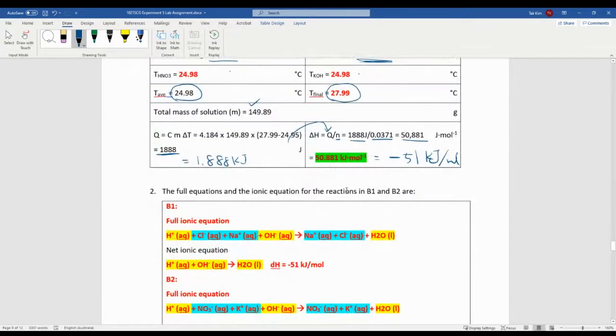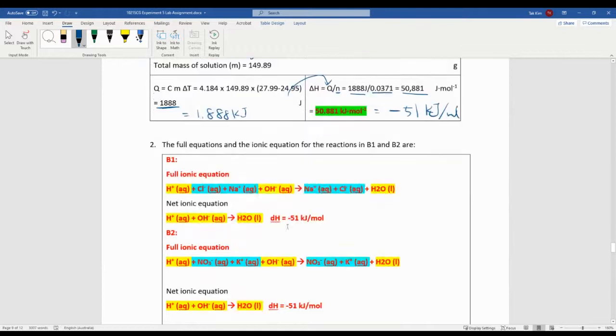Right, so number 2 is asking for full equations and ionic equations for reactions P1 and P2. The full equation should be quite straightforward, right? You just need to put whatever you mix.